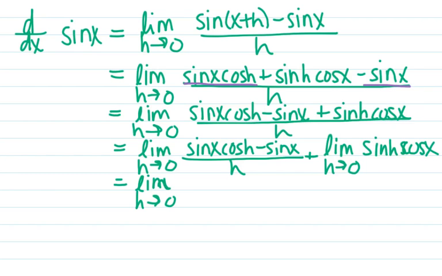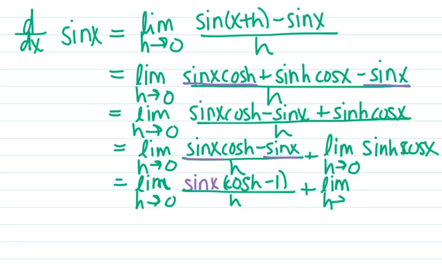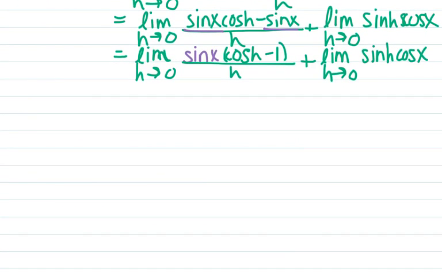The reason that I broke these up is because these both had a sine x. So I'm going to factor that sine x out front, and that leaves me with cosine h minus 1 all over h. And then this one's just hanging out, not much happening. Okay, so now I'm looking at the limit as h approaches 0. So things with an x aren't really going to be affected by h approaching 0, so I can actually just pull them out front.